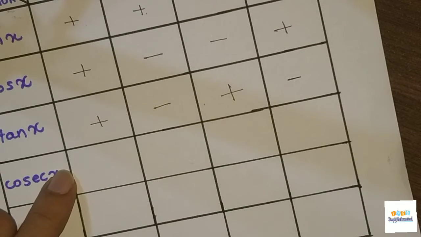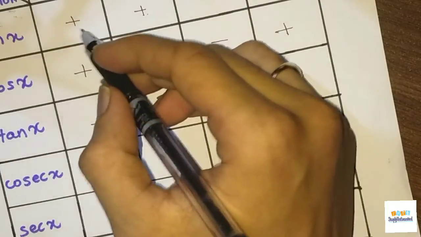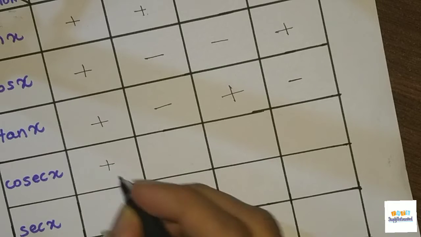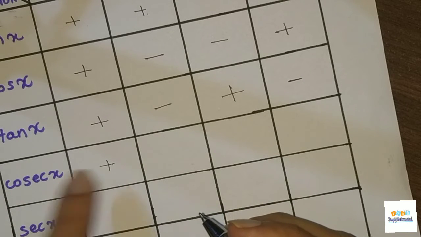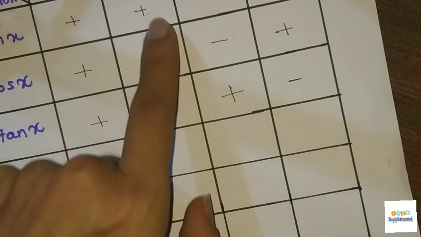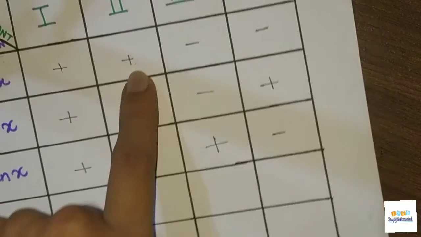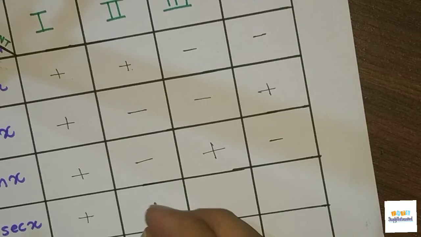Now if you look at cosec x, it is just the reciprocal of sin x. So what you will get here? If you take the reciprocal of a positive quantity, you get a positive quantity. So cosec x will also be positive in the second quadrant.